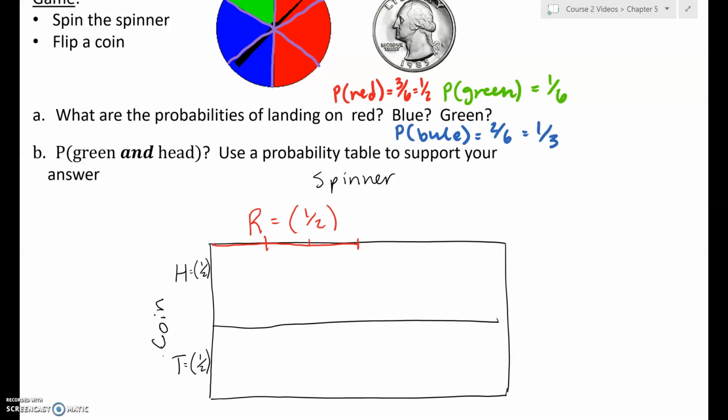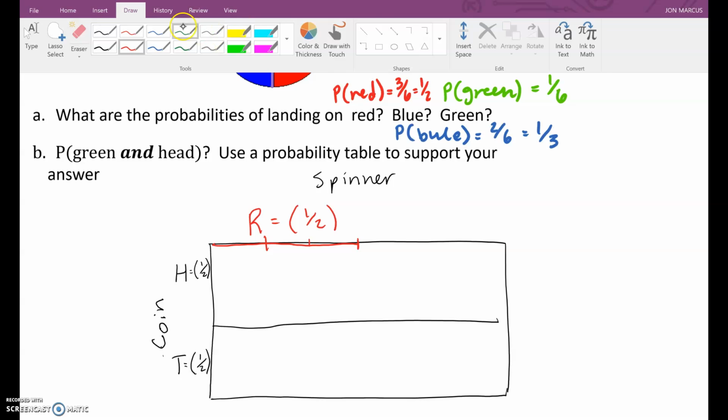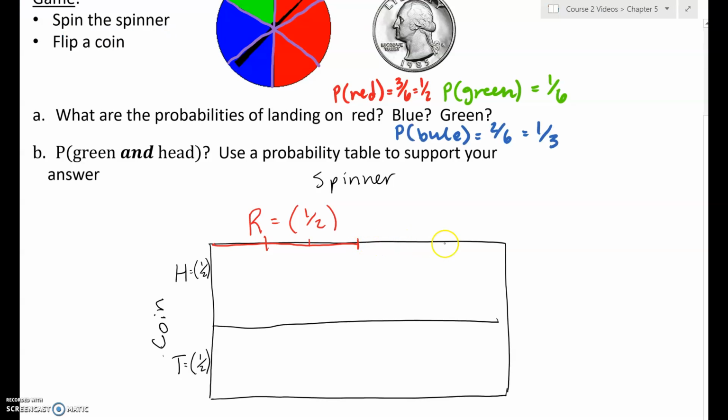The blue, if we wanted to draw it to scale, would be 2 of these parts. So blue would be 1, 2. So this would be blue, and blue would be 1/3 or 2/6, right?